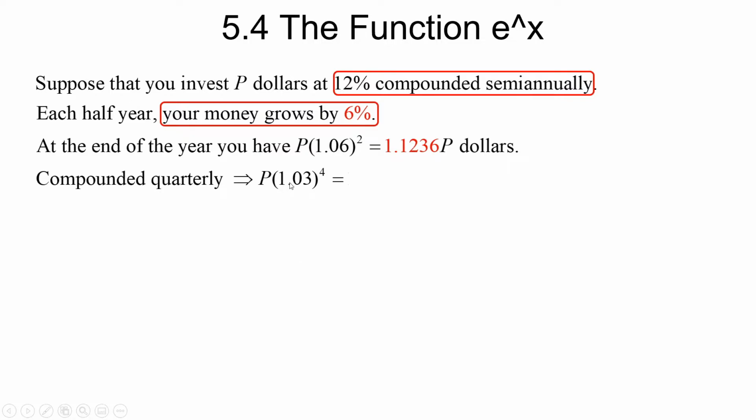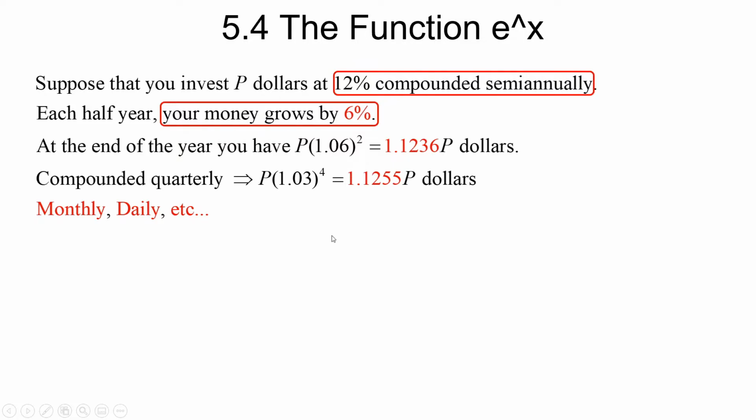If I punch out that 1.03 to the fourth, again, I'm going to get a number slightly more than 1.1236. So check that out. 1.1255. Make sure you're doing this on your calculator too. So again, I'm now making 12.55% interest. We could do monthly, daily, etc.